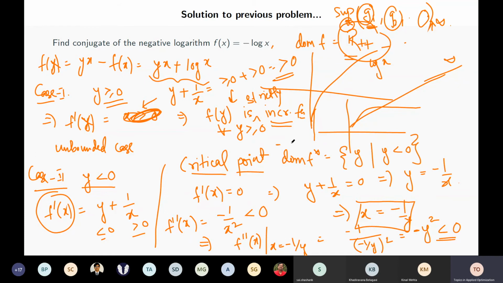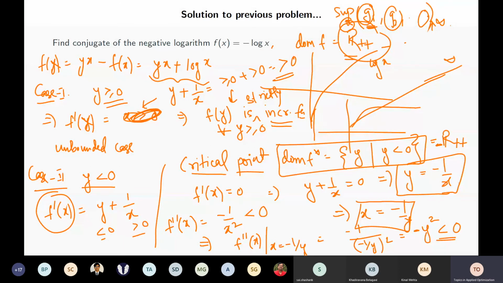Okay, because for these values I'm always able to find some supremum, and that supremum is given by these values, right? So these supremum values are possible. So I'm not getting into the unbounded case here. So the domain of f star will be all negative values.